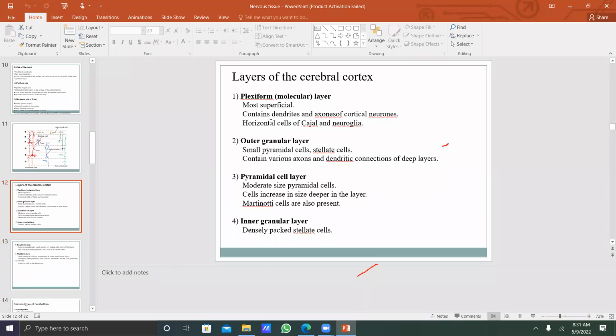It contains horizontal cells and the neuroglia. And the second layer is the outer granular cell layer. It has small pyramidal cells and the stellate cells. Third layer is the pyramidal cell layer. This layer has moderate size pyramidal cells.